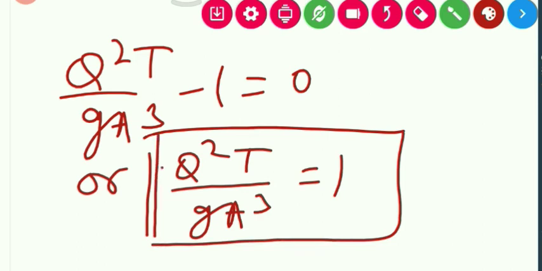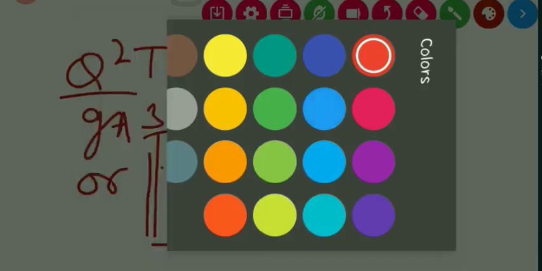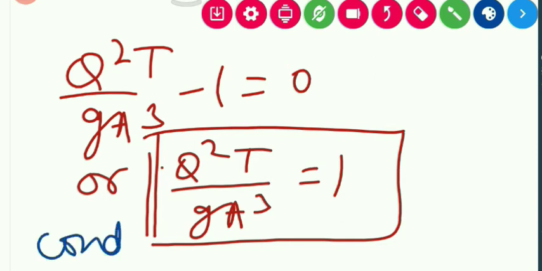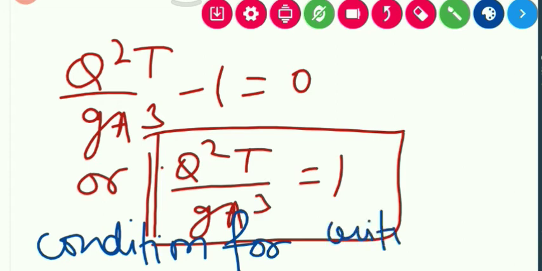This is the condition for critical flow, and this is the criteria for minimum specific energy.